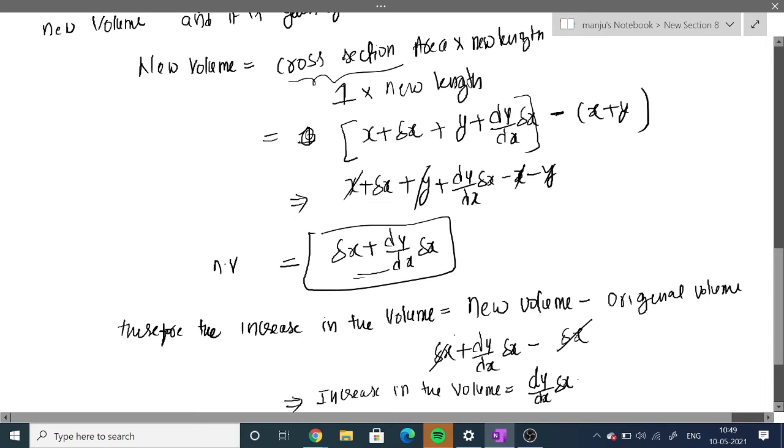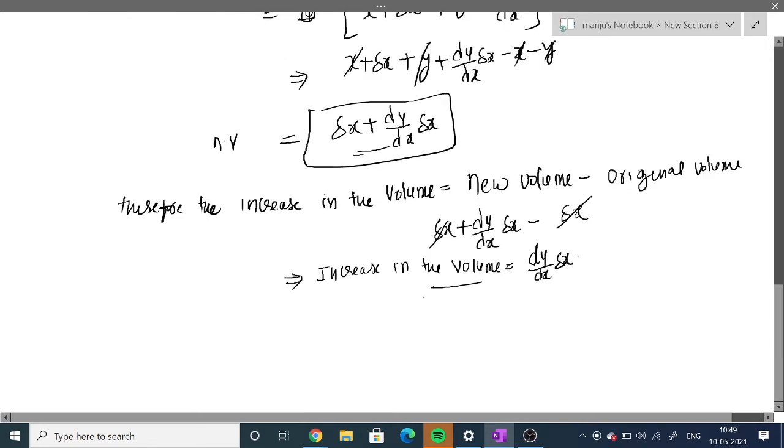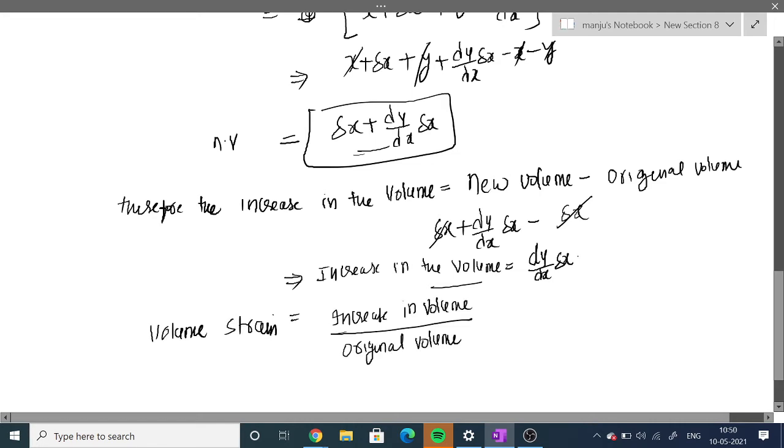Now since the volume is increased, the volume strain should also increase. So the volume strain is equal to the increase in volume divided by the original volume.